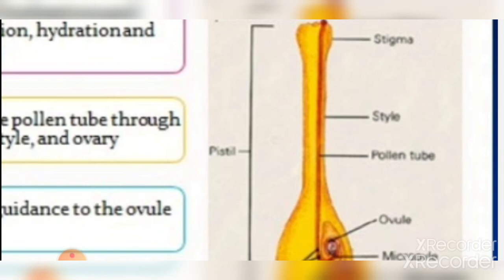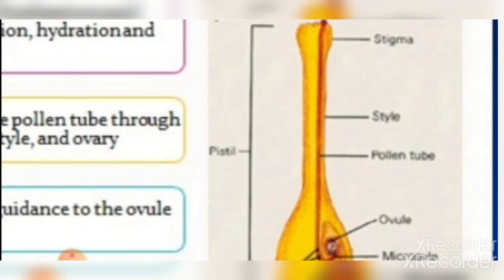So the pollen tube is the protuberance produced by the vegetative cell. You can see the red color one, that is the pollen tube, consisting of the two male gametes. So the pollen tube and the two male gametes together constitute the male gametophyte.